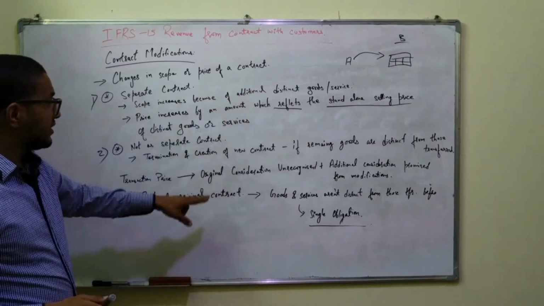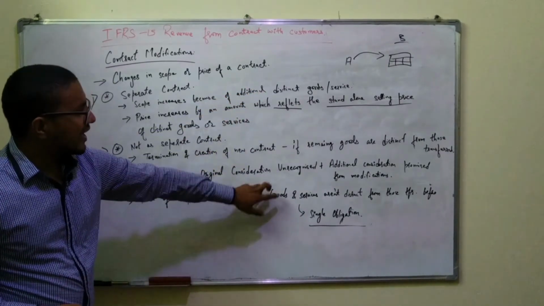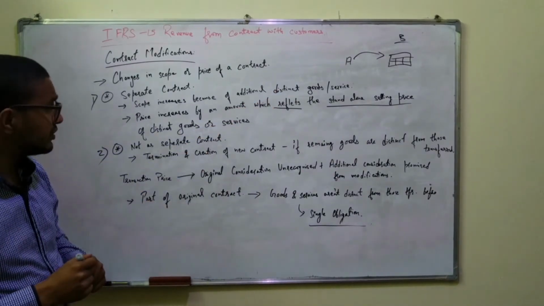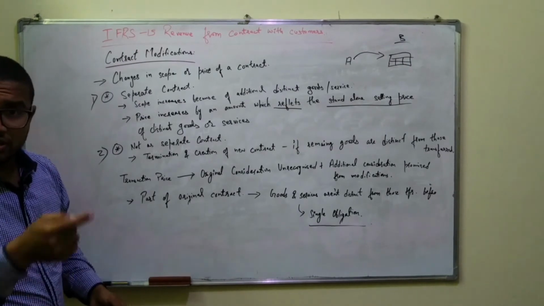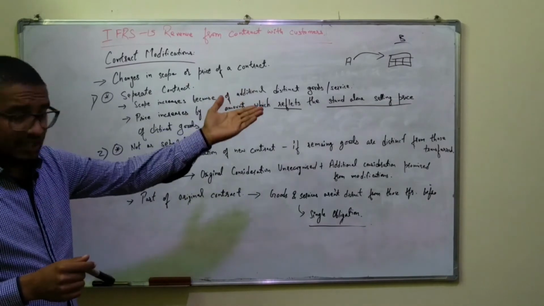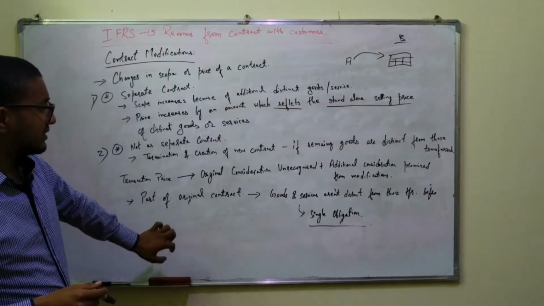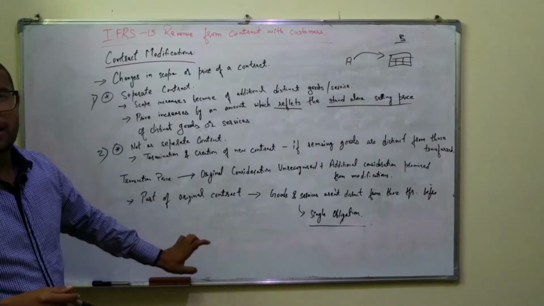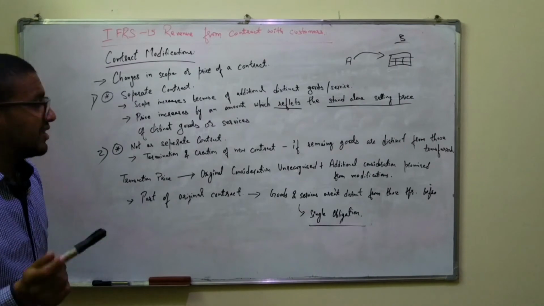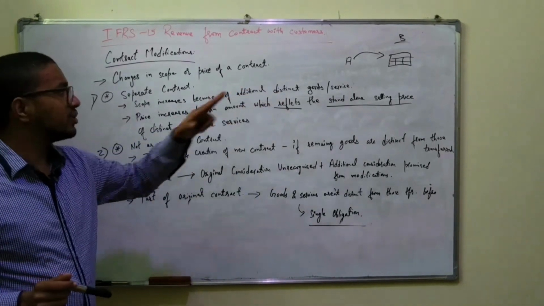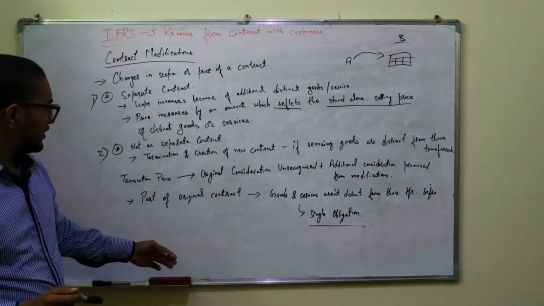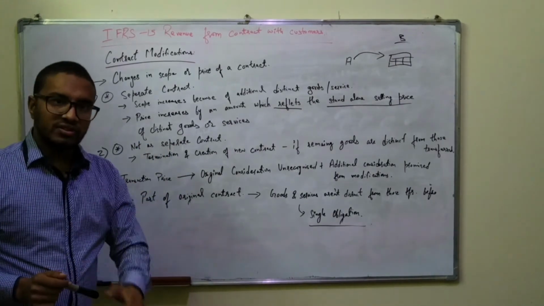Because it is the same goods and services that we are transferring as earlier. It was our same performance obligation, because our performance obligation in the earlier case was constructing a building. So we are doing the same thing, only what is being changed is just part of the same original contract, only the prices would be adjusted. So this isn't distinct goods and services, so it falls under the second category, and within that it forms part of an original contract.